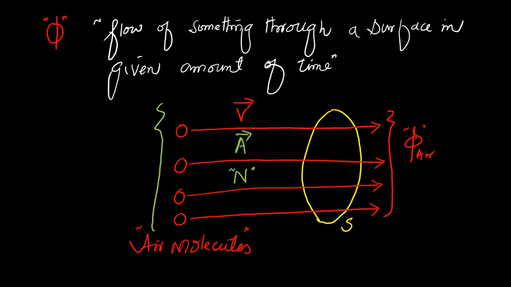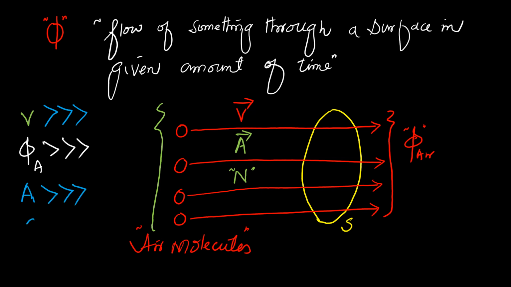If the velocity of the air molecules is more, then the air flux, phi air, will be more. Similarly, if the surface area is more, then the air flux, or number of air molecules passing through the surface, will be more.